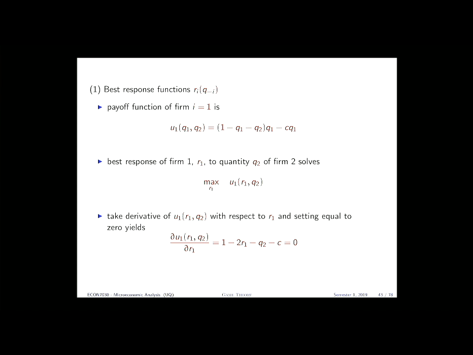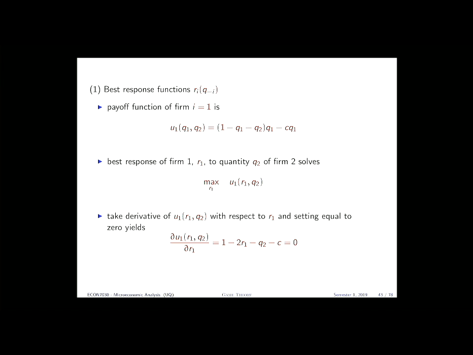So I can differentiate the profit function based on my own quantity, put it equal to 0. That is the first order condition maximization problem. And whatever I get is a function which is a relation between my own quantity and the other firm's quantity. But now the difference is that these quantities, for me, are my best responses to the choice of the other firm, okay?